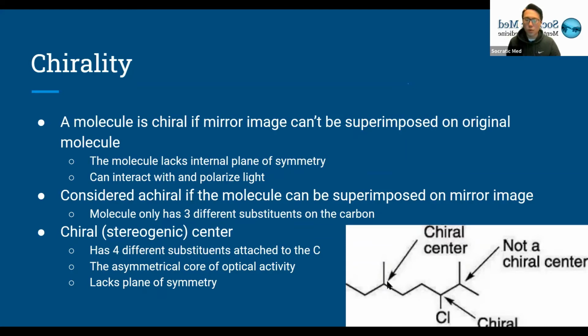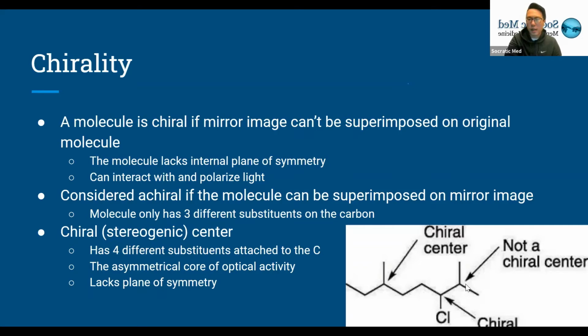So all those 4 substituents are all different. Same thing for the chiral center in the middle. It's bonded to 2 carbon chains, a hydrogen, and then this chlorine atom. So since these are all 4 different substituents, it can be considered a chiral center.